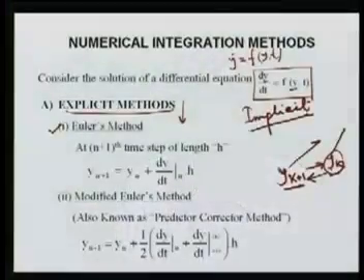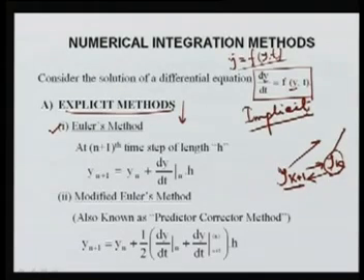So let us take here a simple variable y, that is y dot equal to f(y, t), a function of y and t. We want to solve that and get the value of y for different values of t, so that we can plot it and know the nature of this function.